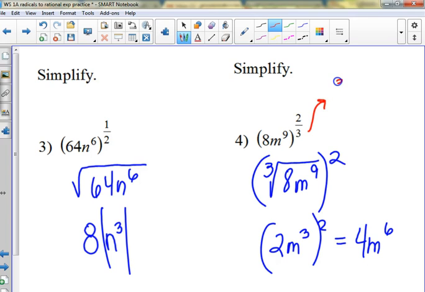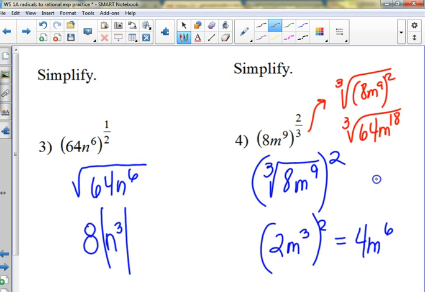8m to the 9th. We still got to square the whole thing in there though, right? Yeah. So what's 8m to the 9th squared? 8 squared is 64. M to the 9th squared would be M to the 18th. Okay, we do know the cubed root of 64.